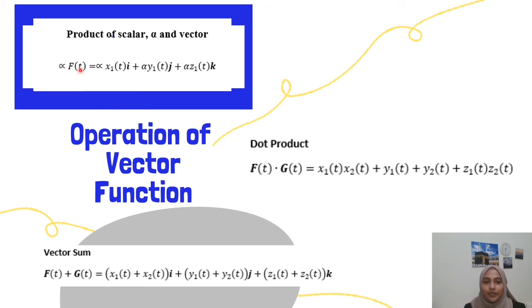Number one is the product of a scalar alpha and a vector: alpha F(t) = alpha x1(t)i + alpha y1(t)j + alpha z1(t)k. Second is the dot product: F(t) · G(t) = x1(t)x2(t) + y1(t)y2(t) + z1(t)z2(t). And this one is the vector sum: F(t) + G(t) = (x1(t) + x2(t))i + (y1(t) + y2(t))j + (z1(t) + z2(t))k.